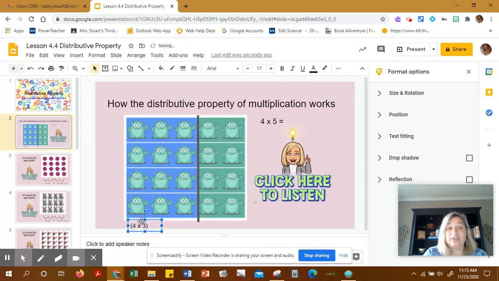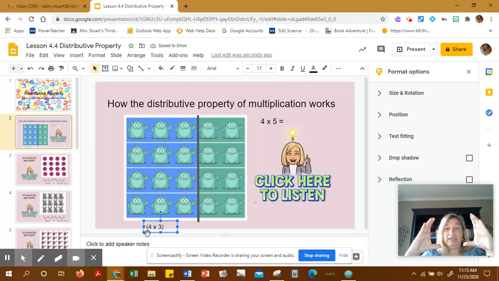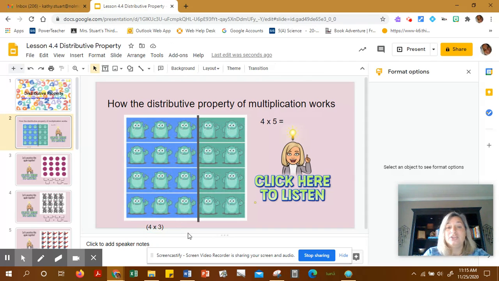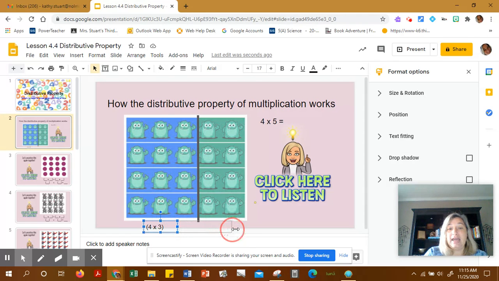Okay, I'm going to center this up. You might notice that I added parentheses. Those are the little items that curve in like this. That's something that we use in math to group things. So I want to show that 4 times 3 is my first group. I'm then going to add in the middle of these two a plus sign because I'm adding these 2 arrays together.